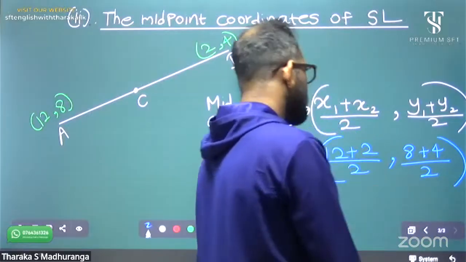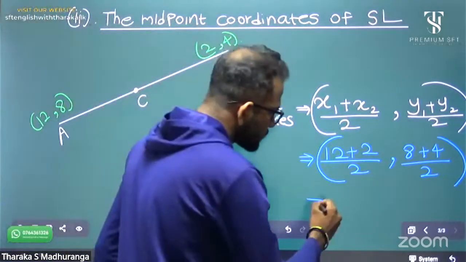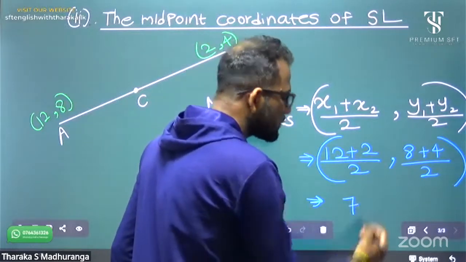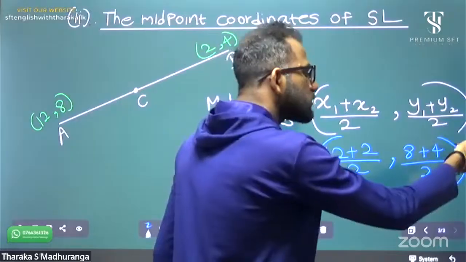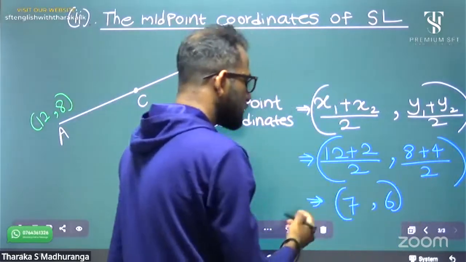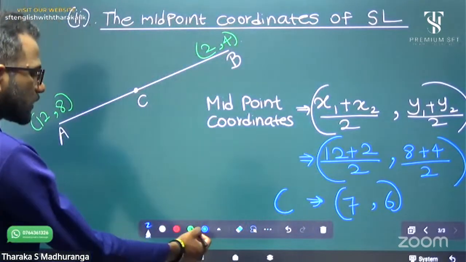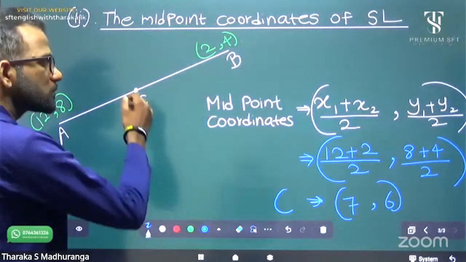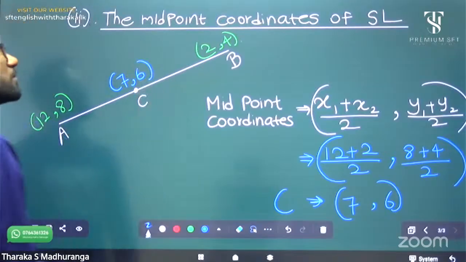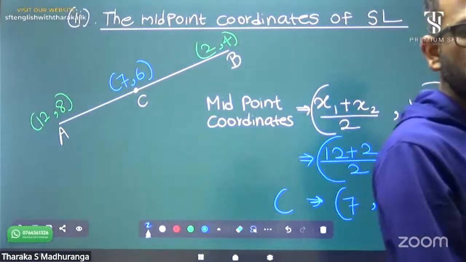They are the coordinates of the center point of this straight line AB. 12 plus 2 is 14, 14 divided by 2 is 7. 8 plus 4 is 12, 12 divided by 2 is 6. They are the coordinates of the C point. So C point coordinates are x coordinate 7, y coordinate 6. Understood?